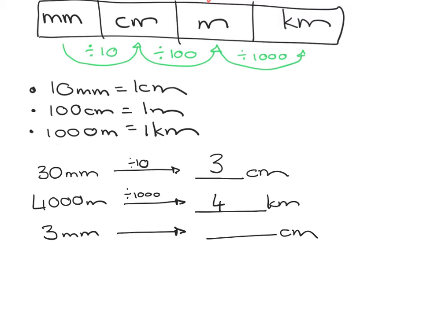And all that I do is I need to remember that to go from millimeters to centimeters, I divide by 10. Now dividing by 10 could mean that I move the comma. You can always imagine a comma at the back of the number. We don't write it because we don't need it, but when we do need it, we start there at the back of the number.